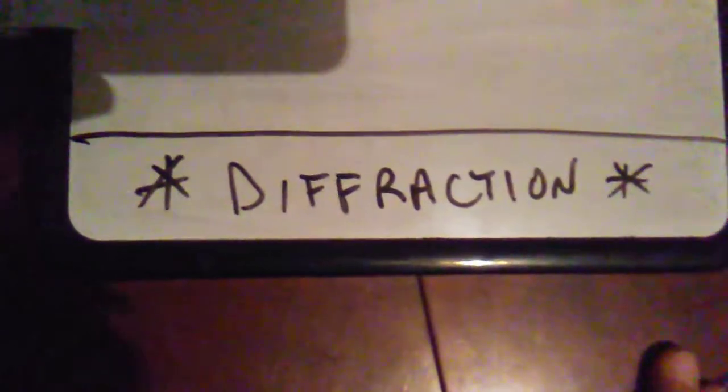Alright, now we're going to look at refraction. We're going to put in our diffraction line right here, because diffraction is a fundamental limitation of physics. It cannot be avoided, folks.